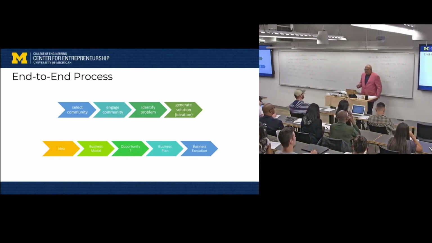So once that business model is validated, then the last thing the students are going to do is write up an executive summary, the first steps toward the execution of the business. Obviously, in 14 weeks, we aren't going to execute the business, but we can talk about what are the next steps that would need to be undertaken to execute the business.